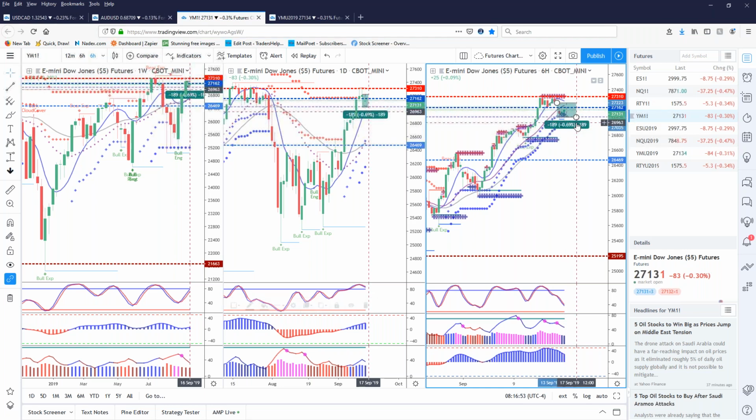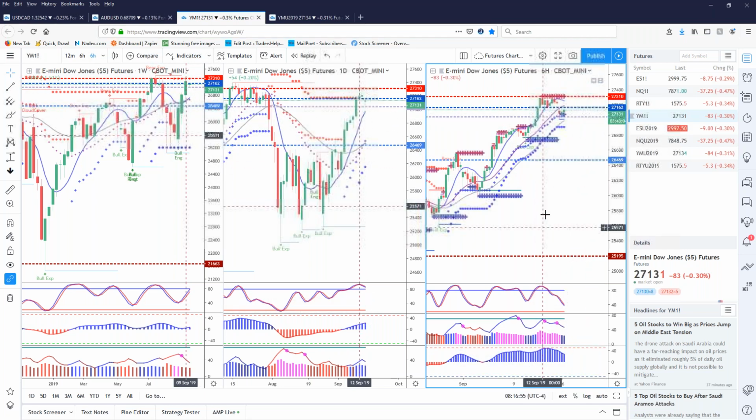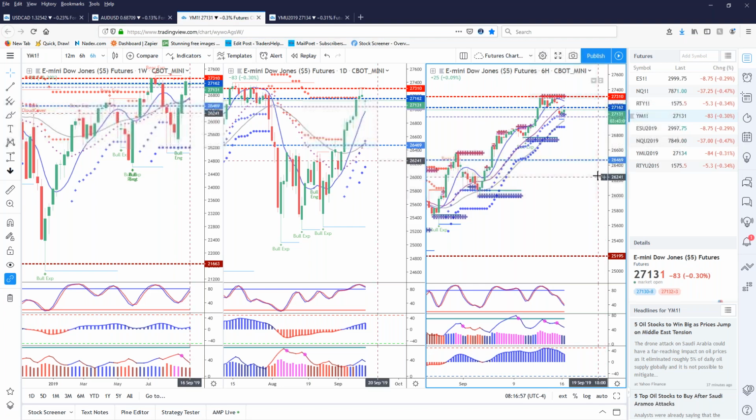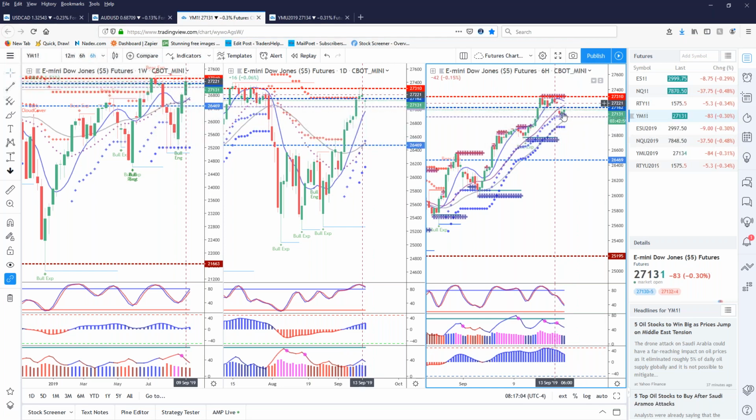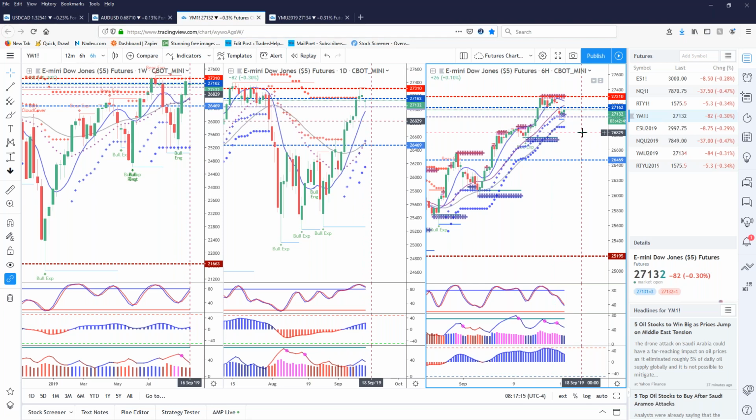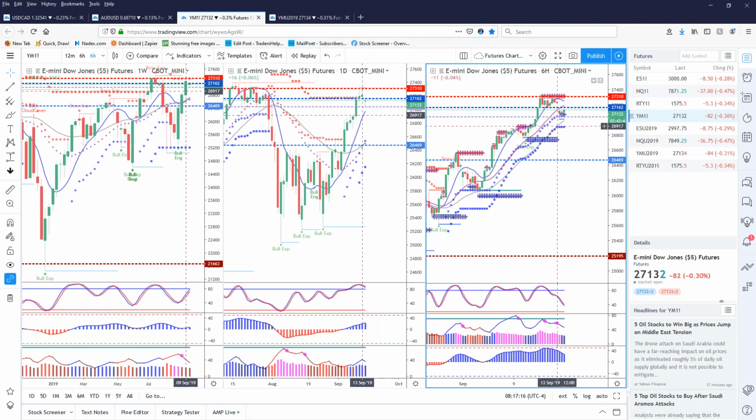So I'm going to delete these so we can actually see the charts now. Okay, and you can see that right now it's bouncing off of the ATR. Now, I would prefer that the stochastics actually be overextended when it started to bounce off of that area. Okay, that would make me feel better about taking that trade.